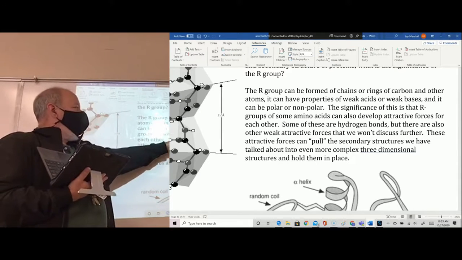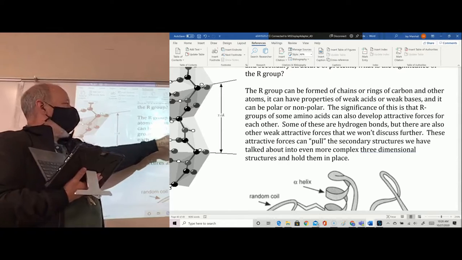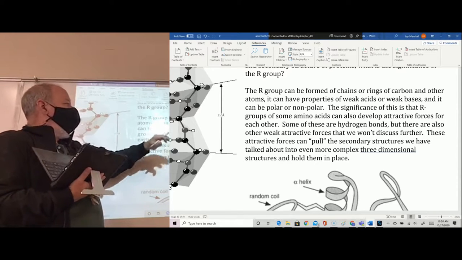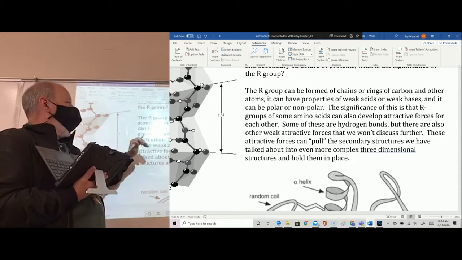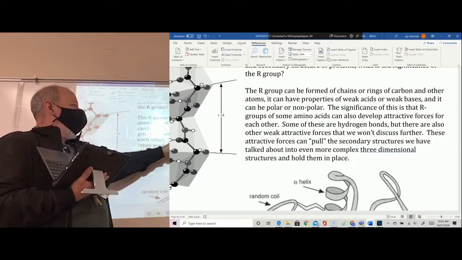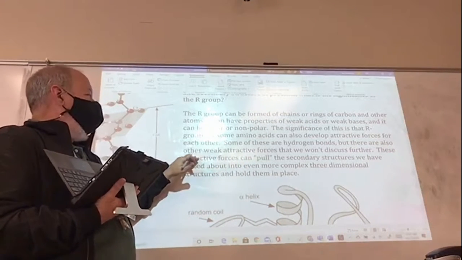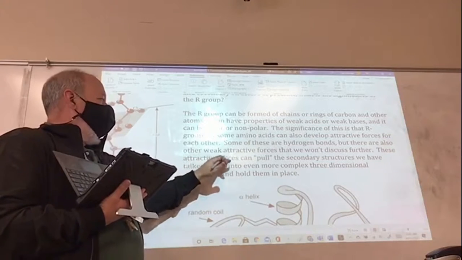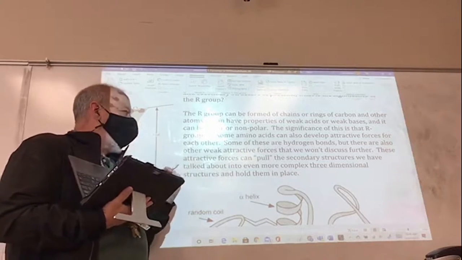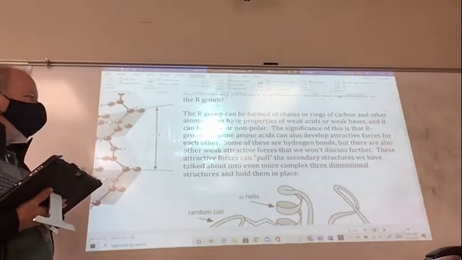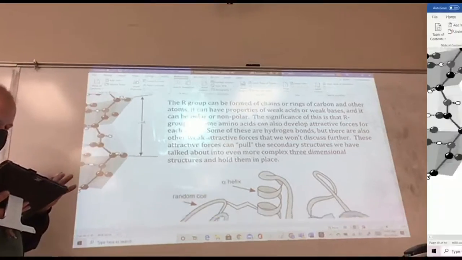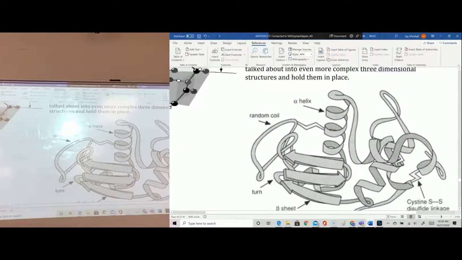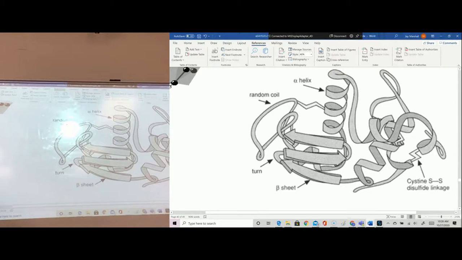The significance of this is that the R groups of some amino acids can also develop attractive forces for each other. Some of these are hydrogen bonds, but there are also other weak forces that we aren't going to actually discuss. And these can pull the secondary structures into even more complex three-dimensional structures. And this is what that looks like.